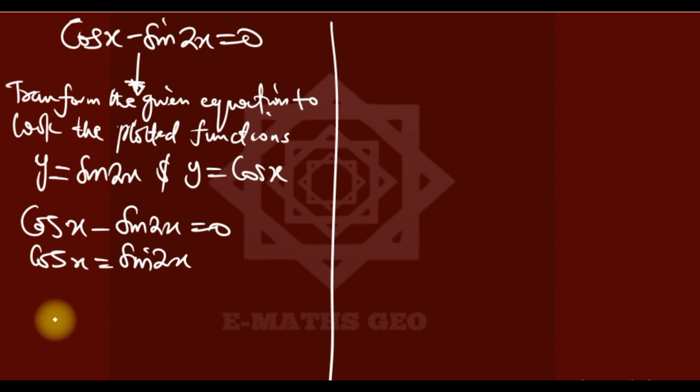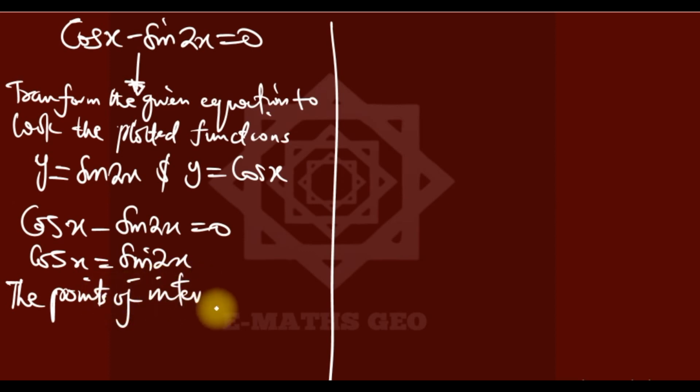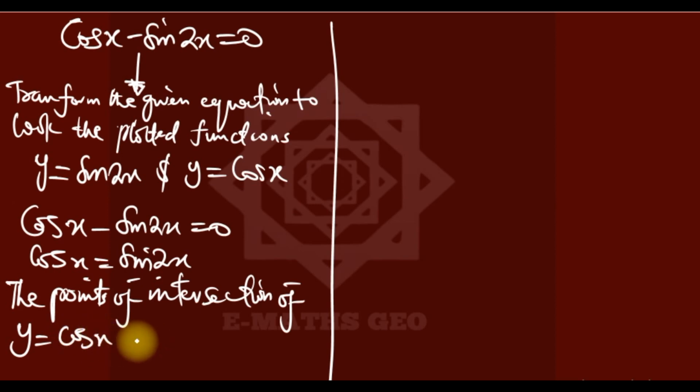This means the points of intersection of the two graph functions, that is y equal to cos x and y equal to sine 2x. So that should be the answer.